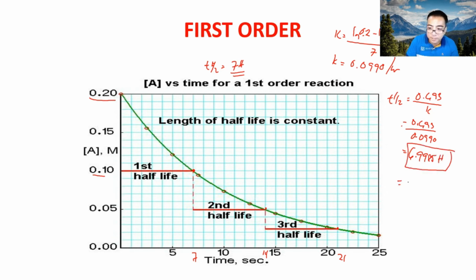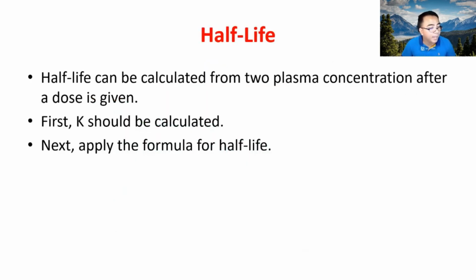Or, we just simply assume it's 7 hours. See? That's how we compute class for half-life. Okay? So, half-life can be calculated from 2 plasma concentrations after a dose is given. And first, you have to compute for K, which we just did a while ago. Next, apply the formula for half-life.